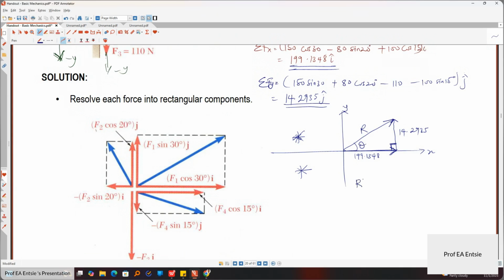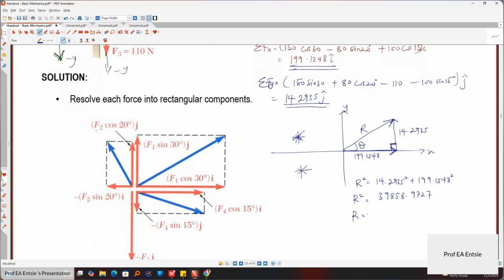So now let's find the R. R squared is equal to 14.2935 squared plus 199.1348 squared. You are getting 39,858.9727.